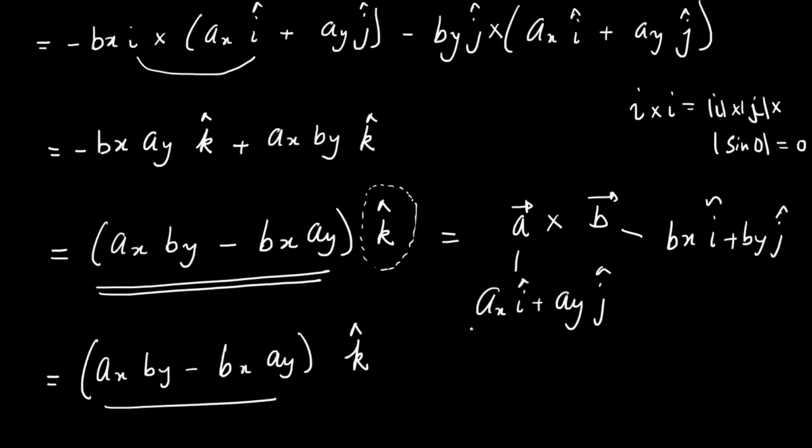And now there is a way to remember the formula very neatly, even for vectors which are 3D. I shall not write it now, but there is a way to remember this. Right now we'll just remember it in 2D.